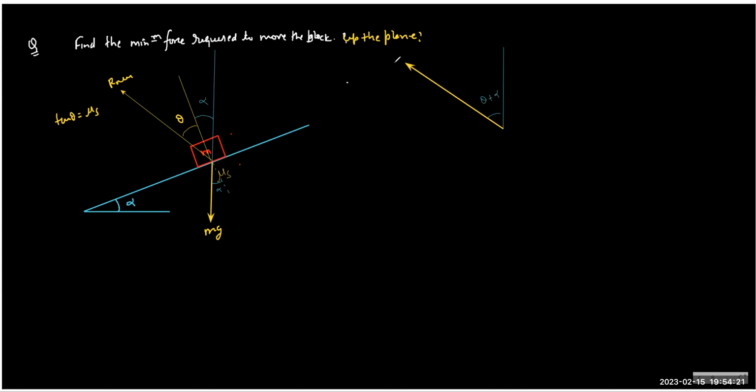The rest is the same. I will draw a perpendicular first, and then mg will be something like this. So it's the same diagram with the same 90 degrees. This is your F minimum, and this will be theta plus alpha. This is mg.